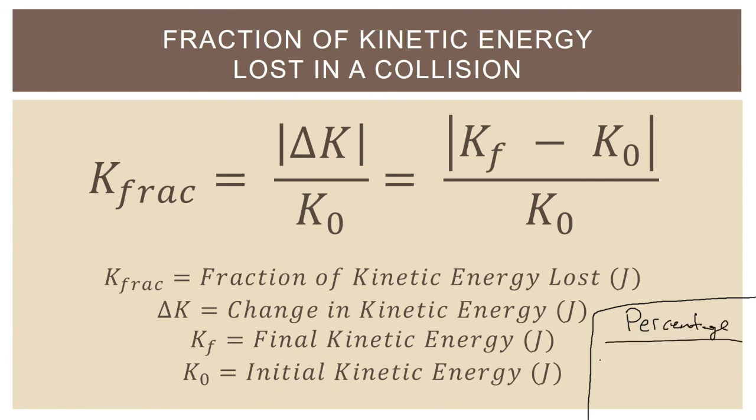And so it should be pretty clear that the percentage of kinetic energy lost is just going to be this delta K over K naught times 100, right? So if we found out that the fraction was 3/4 or 0.75, we just multiply that by 100 and we get 75%. Take a second to pause this video here and write that down. And when you hit play, we'll go ahead and calculate the fraction of kinetic energy lost in that collision.